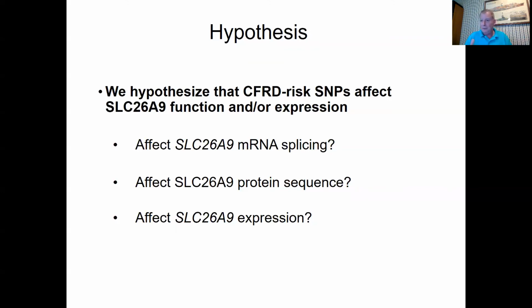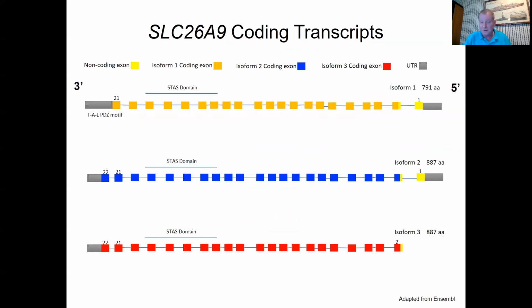And then finally, given that these variants are situated 5' of the gene in regions that are normally associated with regulation of expression, and certainly exon 1 or intron 1 could also have expression elements, maybe it's affecting how much A9 is being expressed. So the components of A9 in the transcript, the actual protein sequence, or something to do with the level of A9. So we went through those hypotheses.